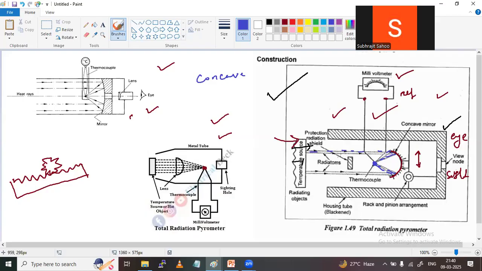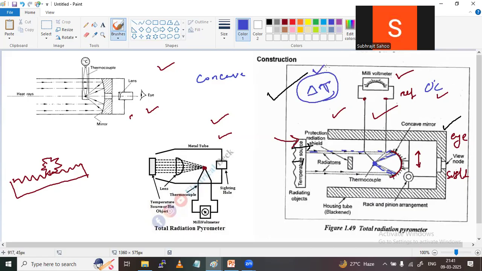Once the radiation, after reflecting back from this concave lens, is concentrated on the hot junction of the thermocouple, the temperature will rise and this junction becomes hotter. This junction is at the reference temperature, which is 0 degrees Celsius. So a temperature difference, delta T, is created.